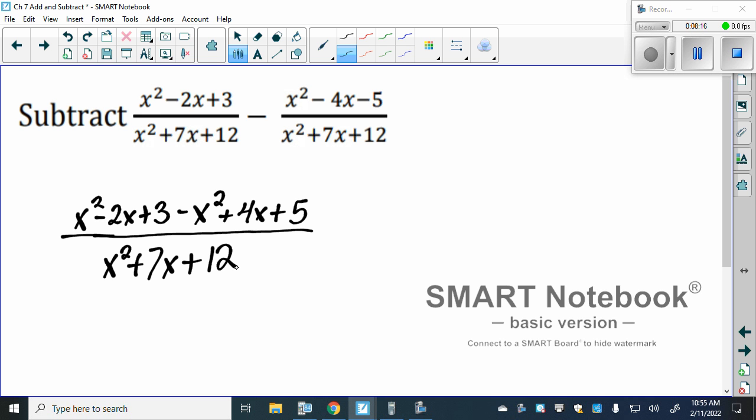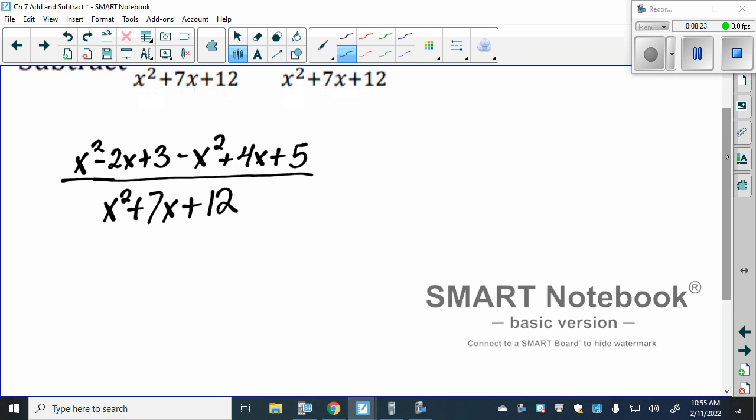Any questions on this here? Now at this point, we can go on and subtract the like terms in the numerator. Well, the first thing we have is x squared and negative x squared, which is 0. X squared minus x squared is 0. They cancel each other out.